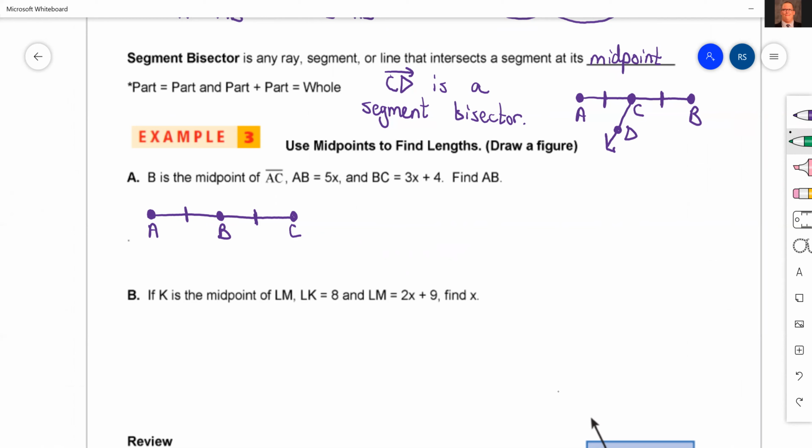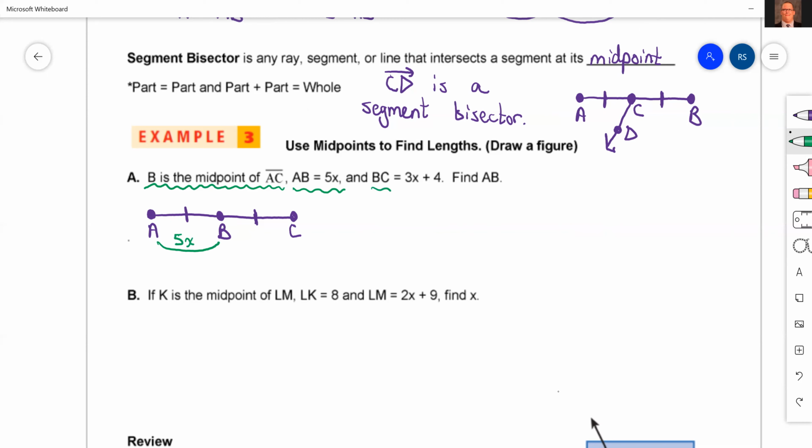Okay. Notice I'm taking it one little piece at a time. Like I did this first. I didn't read the whole problem. I just read, I'm like, oh, I can do something. So I did it. Now the next piece. AB is equal to 5x. I can do that. AB is 5x.